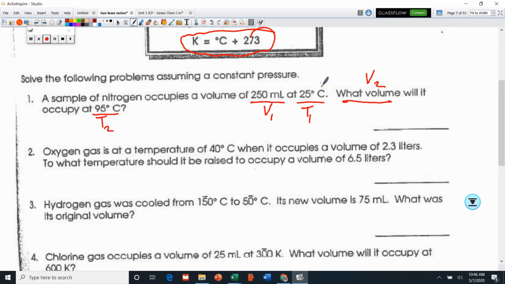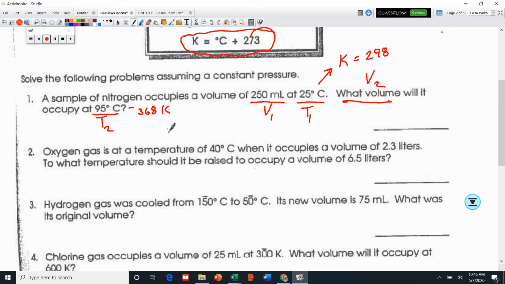We need to change that to Kelvin. So all I'm going to do is add 273 to each of these. So the Kelvin temperature on this one is 298, and for this one is 368.